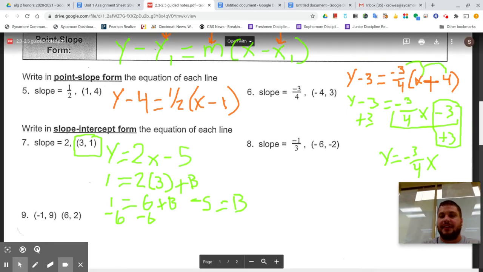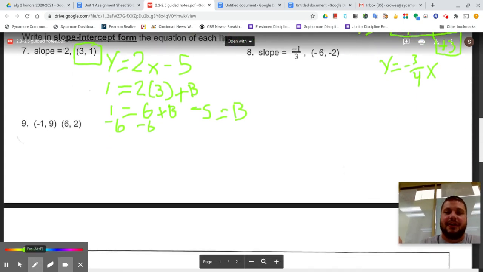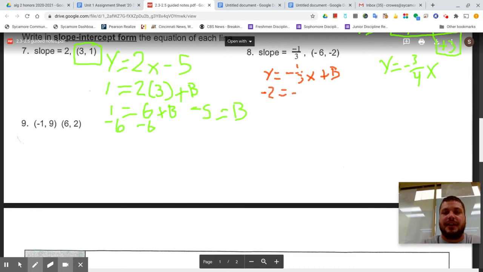Okay, same thing here for number 8. All right, so again, let me switch your color here. Y equals negative 1/3 x plus b. I don't know the b, but I do know a y. Negative 2 equals negative 1/3 times, I know an x, negative 6 plus b.